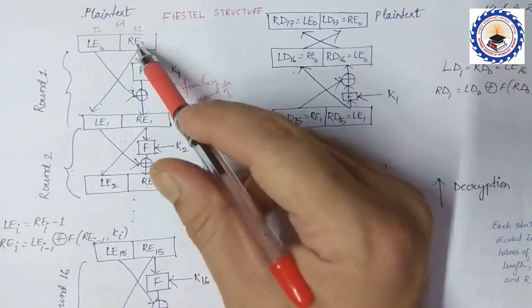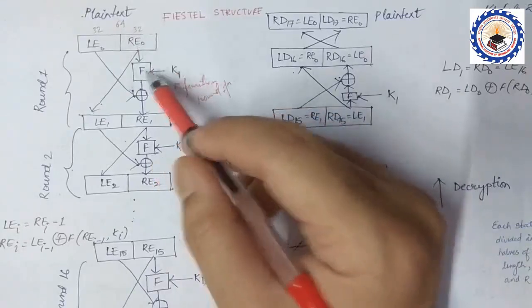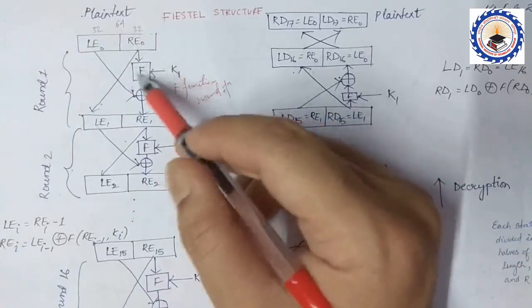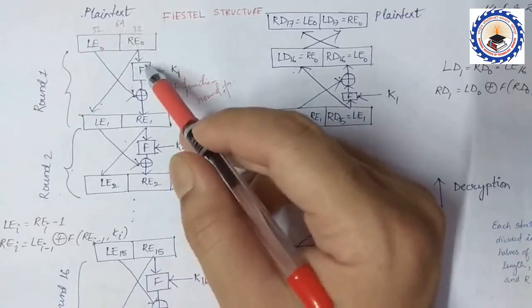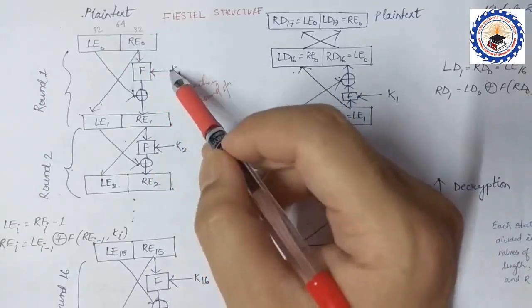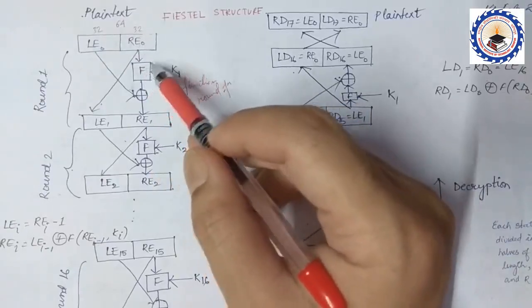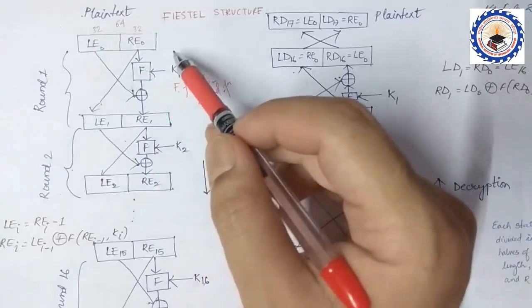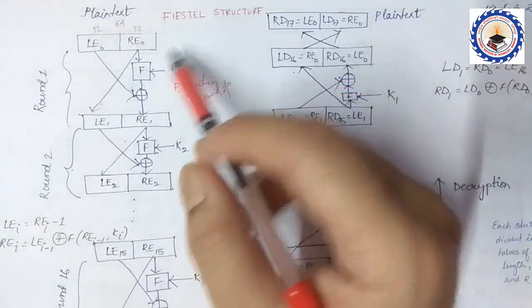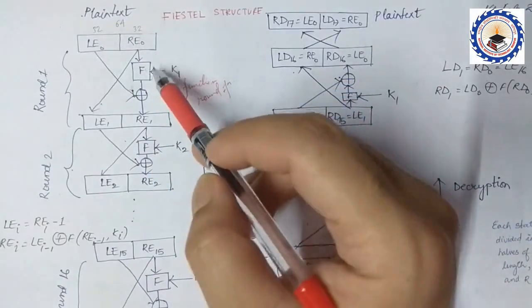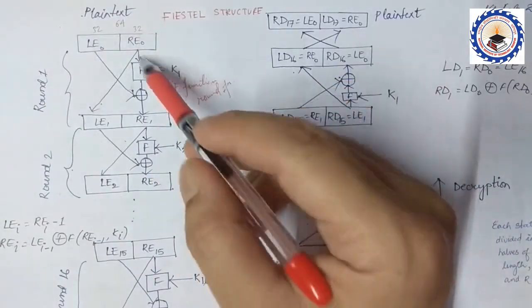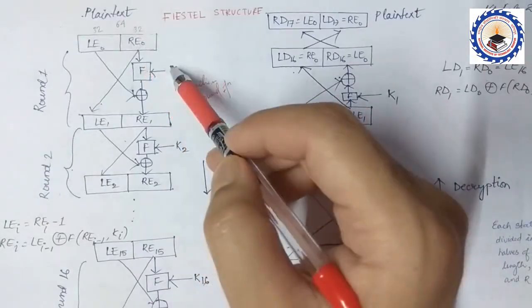The size of this and this must be equal, otherwise we cannot perform the operations. Inside this box may be the XOR operation, so we perform XOR with this and this. I'm just saying this may be an XOR operation, but it can be a different operation also, maybe a simple addition or any kind of operation, but the size of these two should be equal.